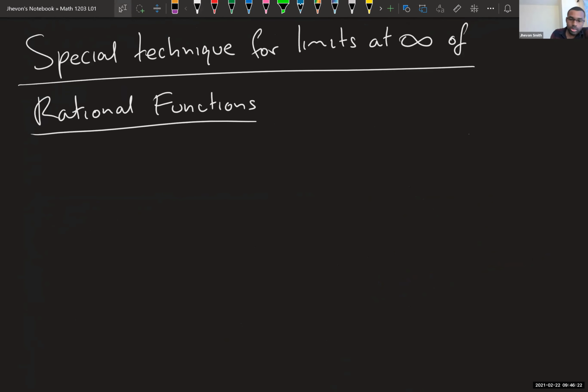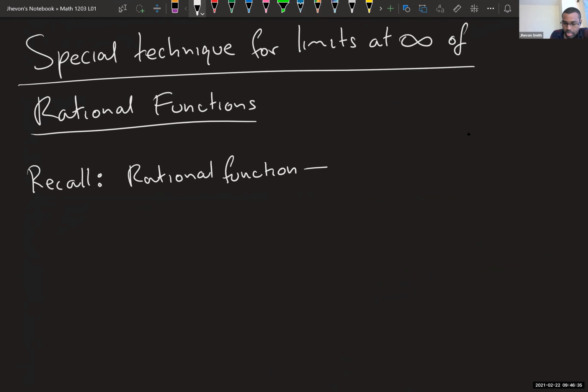All right, so some definitions are in order here. Pre-calc is potentially a long time ago. So recall rational function. What does that mean? This is just a ratio of polynomials.